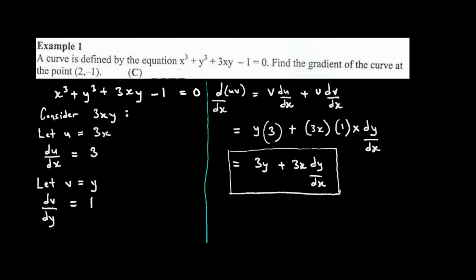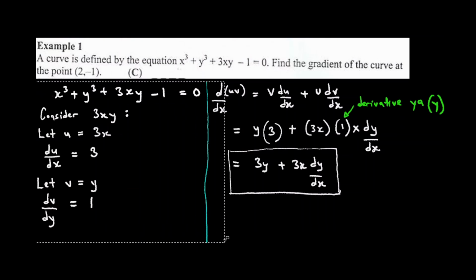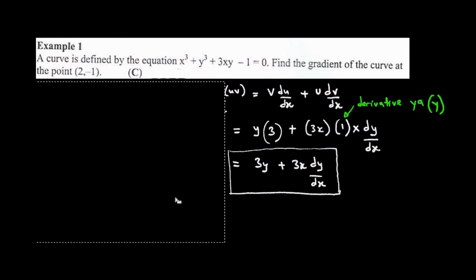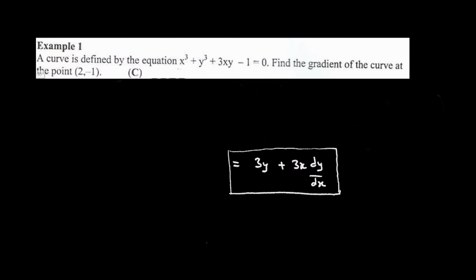It's simply because the 1 is the derivative of y, that is the reason. That's very important there. Okay, so allow me to remove this part so that we can have working space. So this is now what we have.